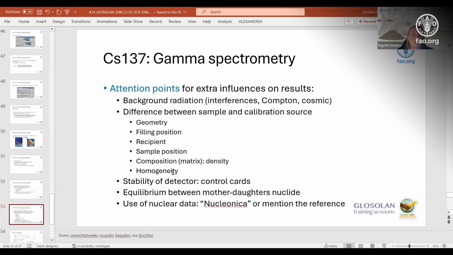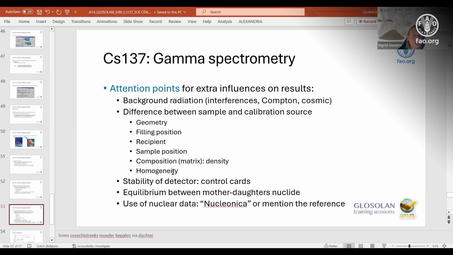Be aware that it's also important to know that there is an equilibrium between your mother and daughter nuclide. Now for cesium-137, there is no problem. It's not like with strontium-90, but it could be. And to calculate back to activities and to mass activities, we also use nuclear data of half-lives, and we typically use Nucleonica.